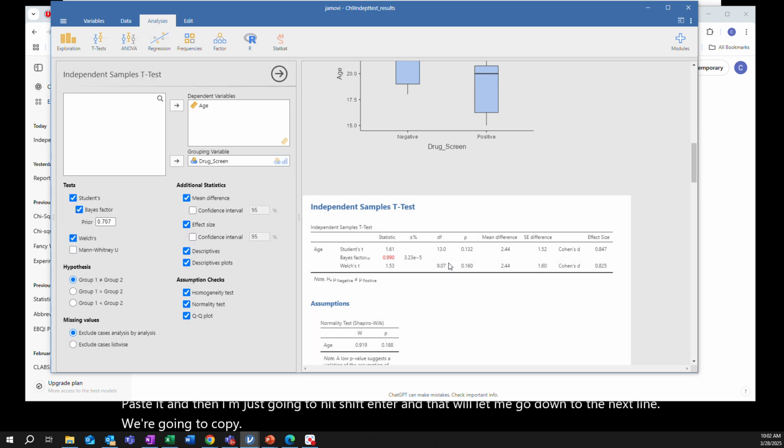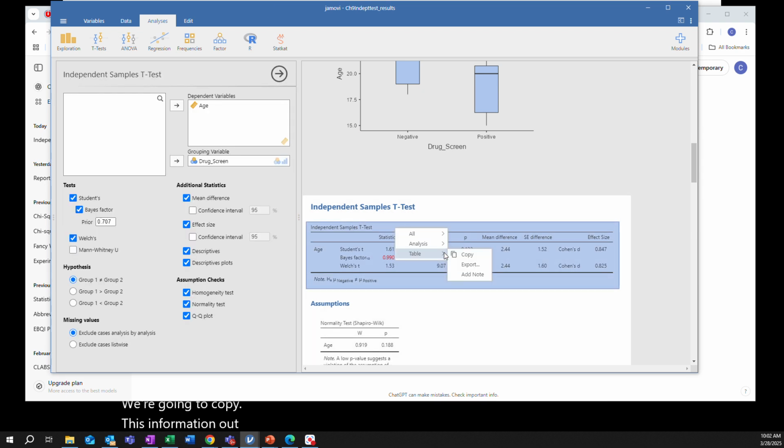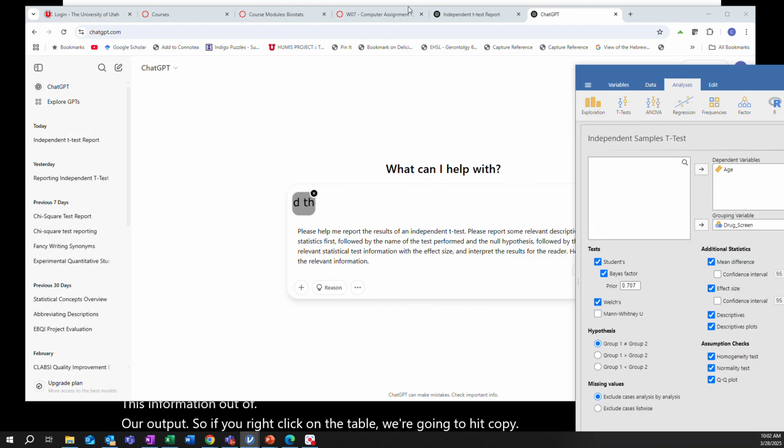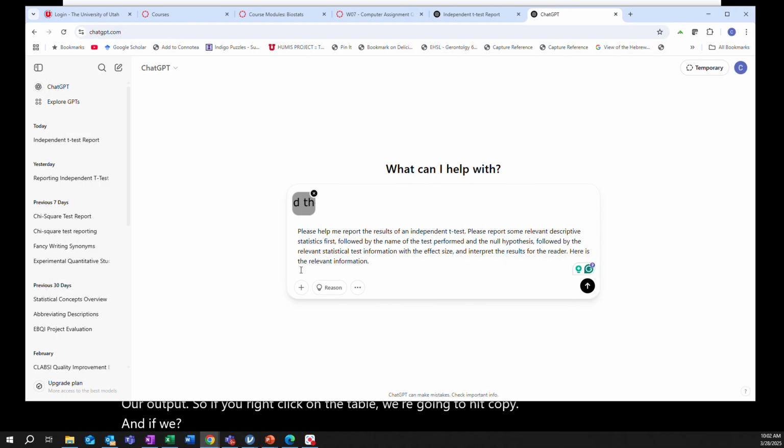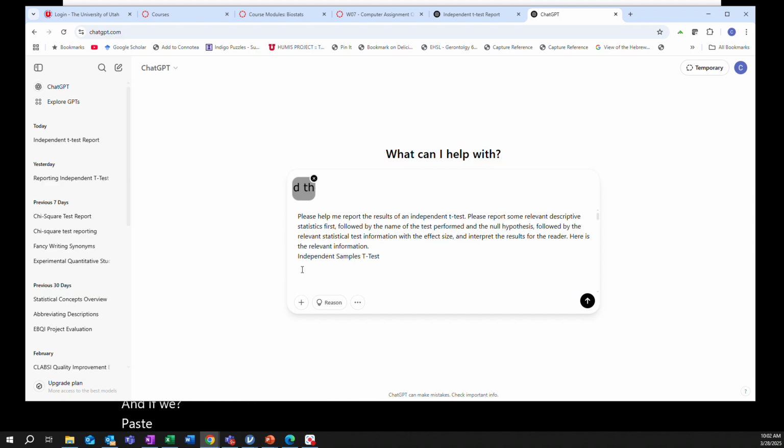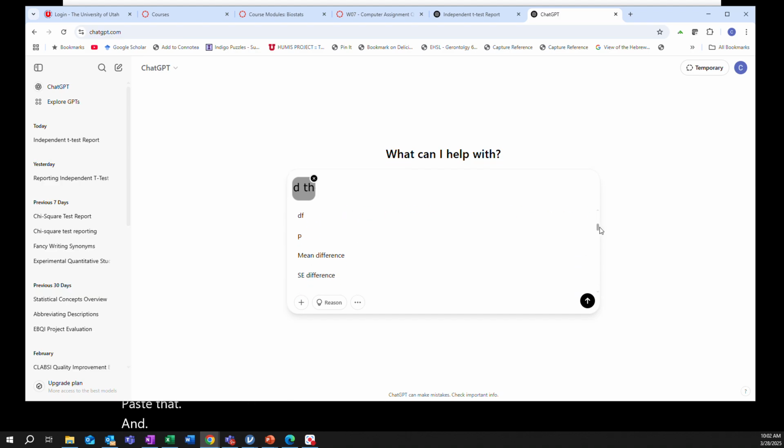And we're going to copy this information out of our output. So if you right click on the table, we're going to hit copy. And if we paste that, this does not paste like a nice looking table, but apparently ChatGPT can make sense of it.